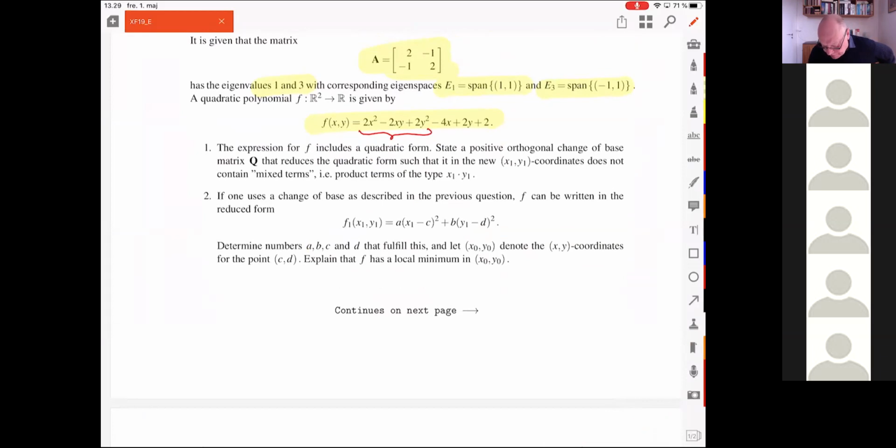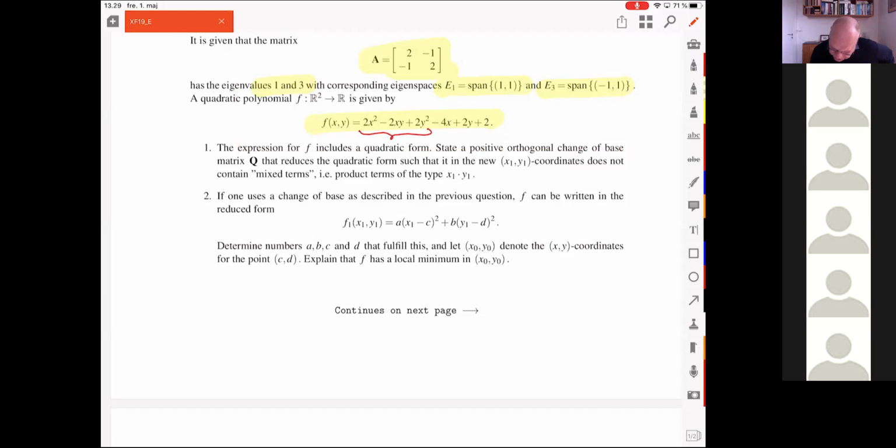So we have rewritten the quadratic form of this quadratic polynomial, but we still have some terms, and then we should prove that it could be written in this way.